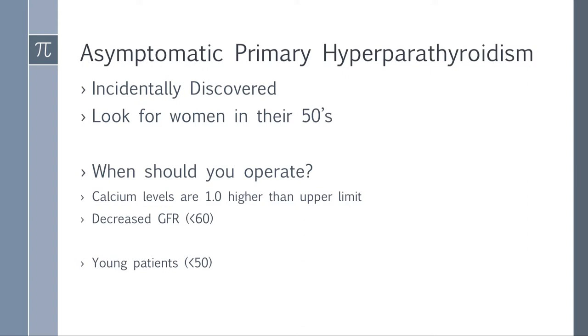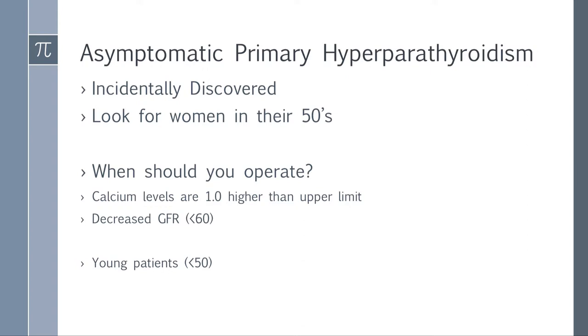So you take the upper limit of your calcium levels, right? At our institution, it's 10.5. So if that is 11.5 or higher, 1 point higher than the upper limit, right? On the exam, they'll tell you 10.3 or 10, so look at those brackets they give you. If it is higher than 1 point above the upper limit, that's an indication that you should operate.